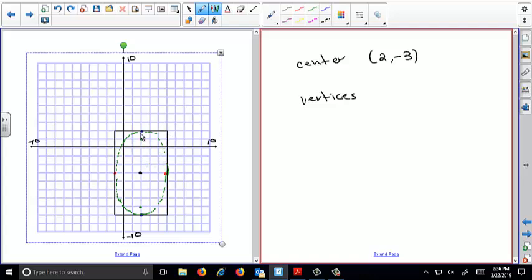So here's one vertex. So you start at the center, 1, 2, so one of them is 2, 2, and the other one is 1, 2, 3, 4, 5, 6, 7, 8. Negative 8. Sorry, 2, negative 8.